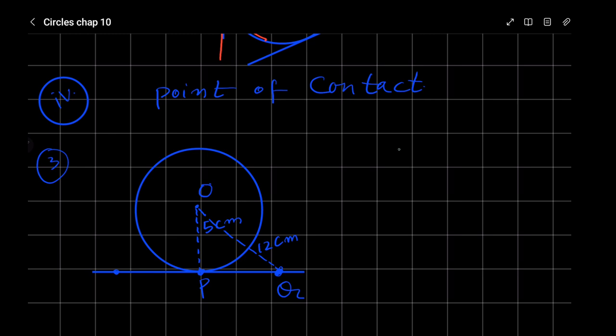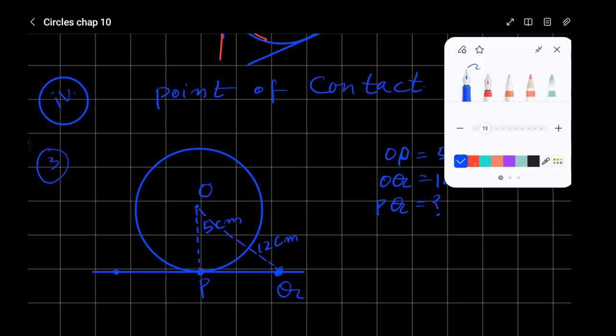Let us write down here: OP is obviously 5 centimeter because it is the radius, and OQ is 12 centimeter. Then it's asking what will be the length of PQ.